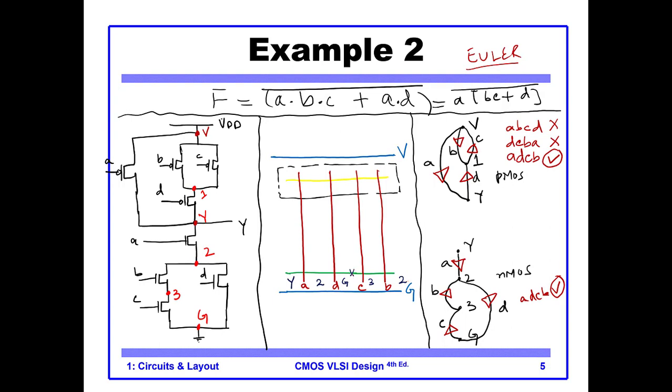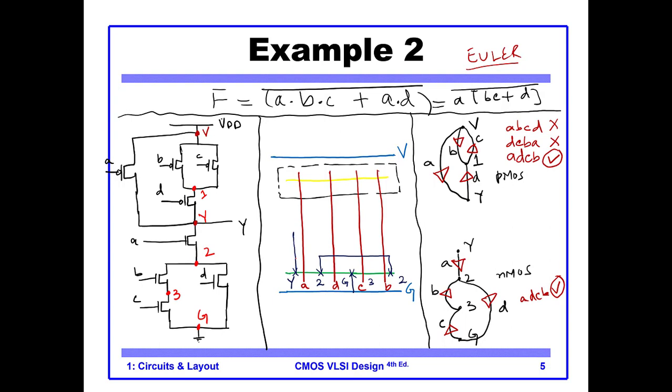I have to connect ground with this cross. I have to connect both the 2 together, and I have to connect the output, which is here. This is my output.